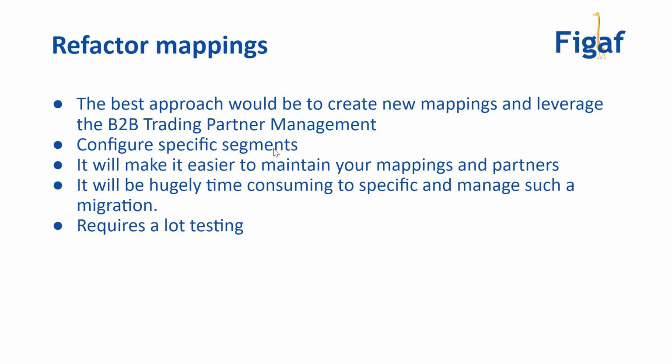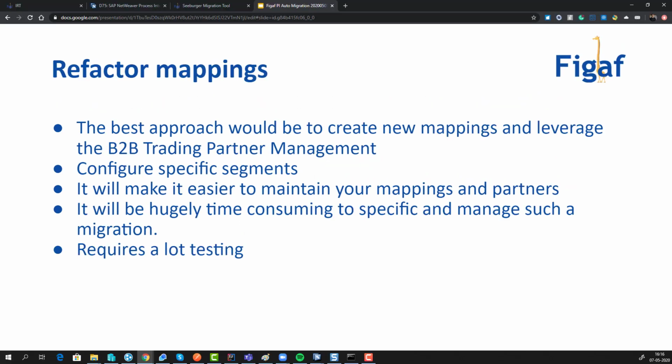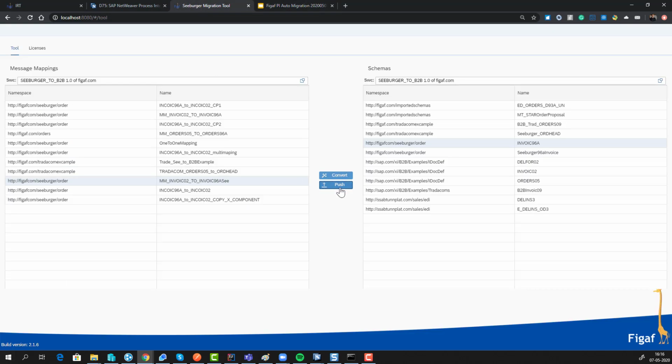Remapping is probably a better way, but it does require quite a lot of effort, and I'm not sure the benefit to the organization is really there. So uploading is manual, so that was what I did just by clicking this one. It will just upload the data to the PI system.